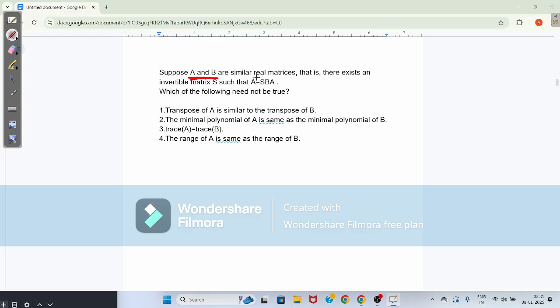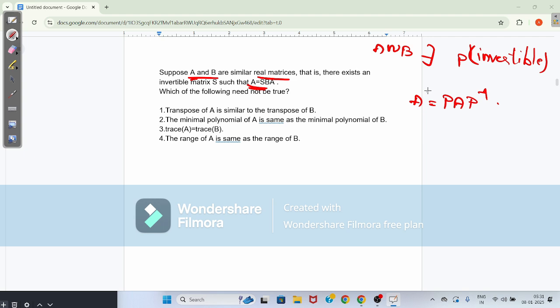A and B are given, these are similar real matrices, that is, there exists an invertible P such that A is equals to P inverse B P, which has been given here.